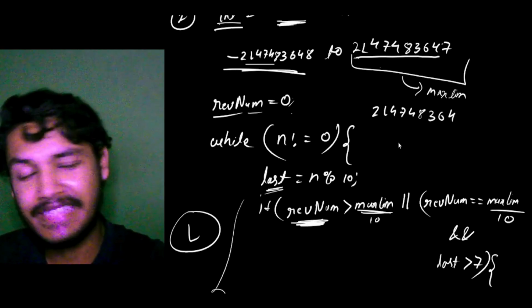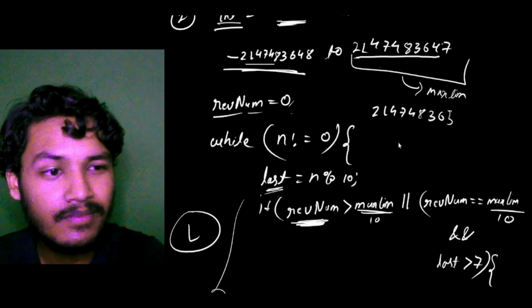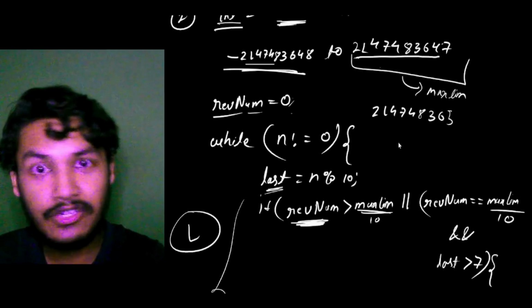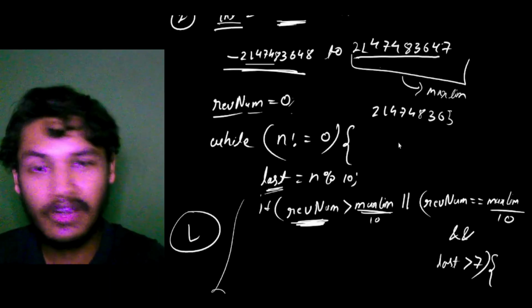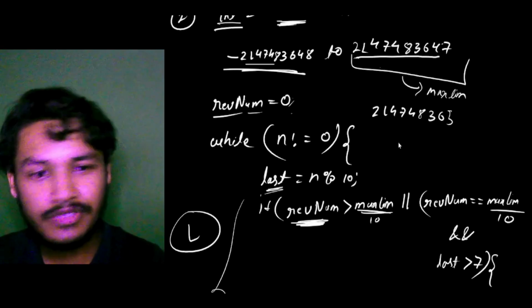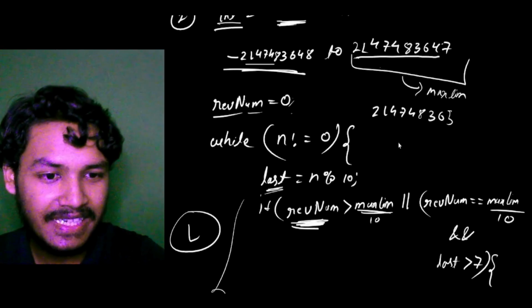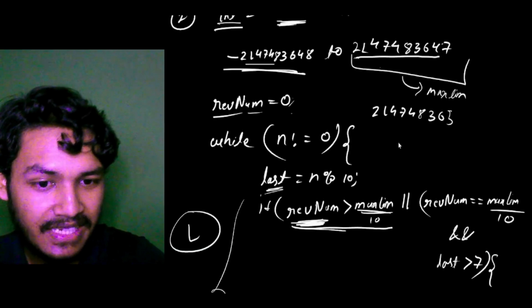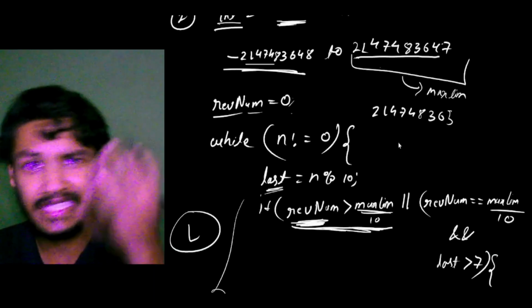What can be greater than this? 5. It is already out of range. So simply, if this condition is true, we will return 0.